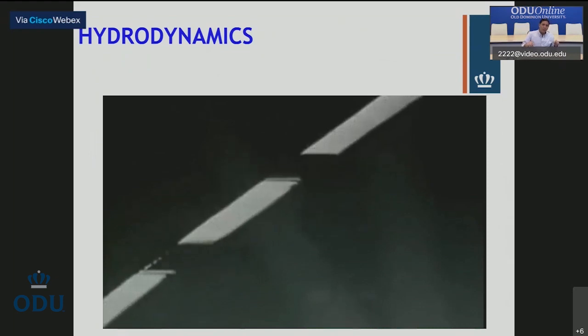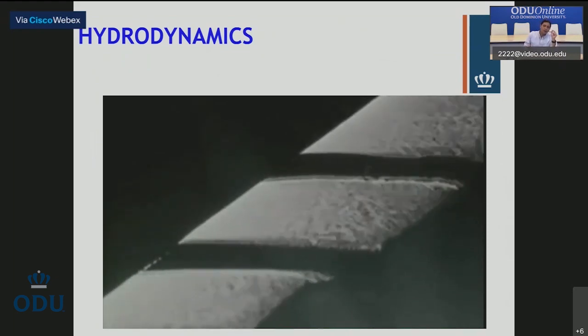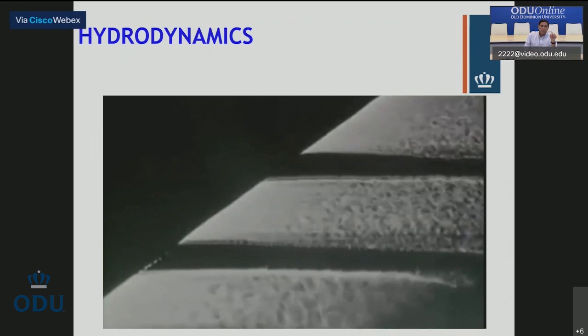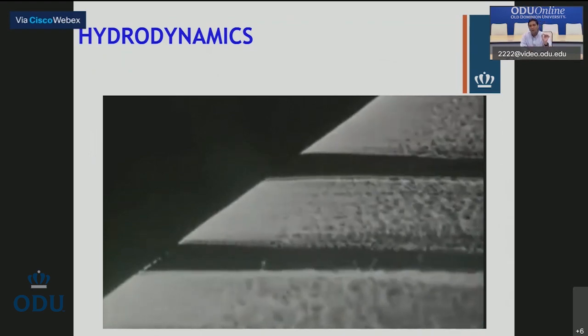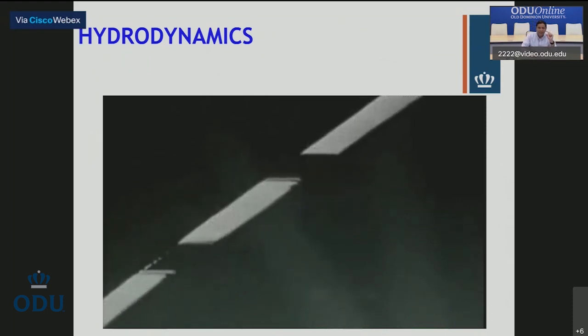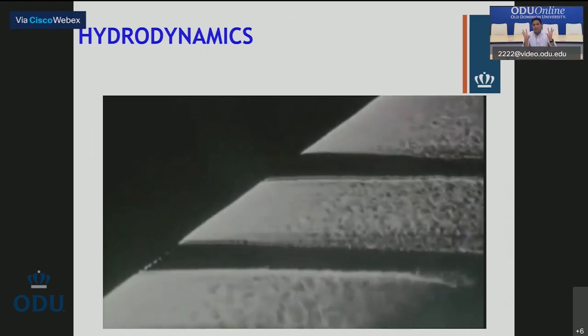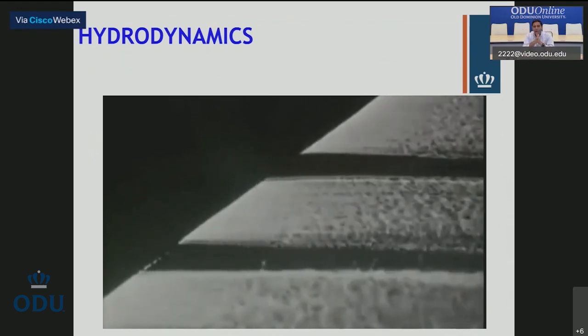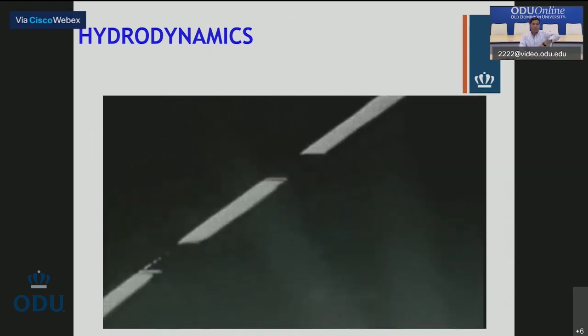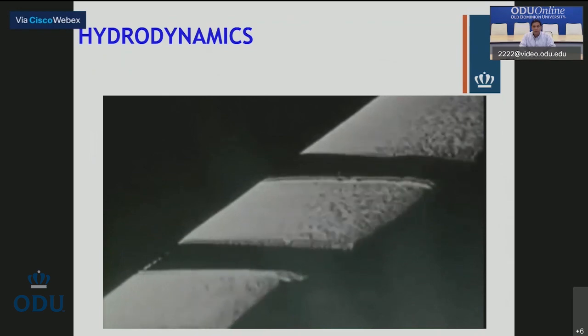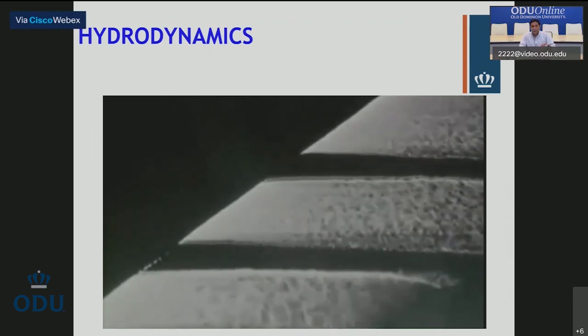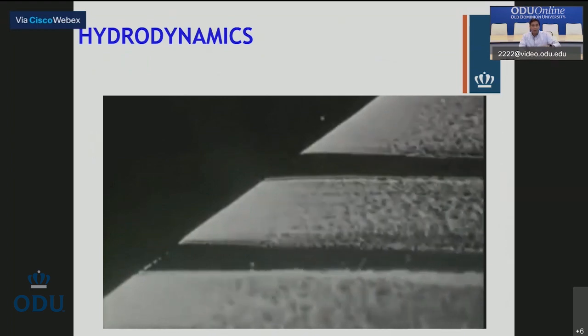At some point along the wire, he started releasing little bubbles of hydrogen in water moving from left to right.